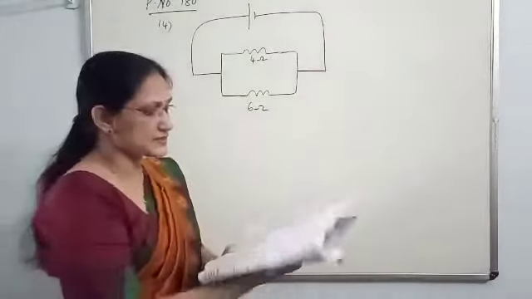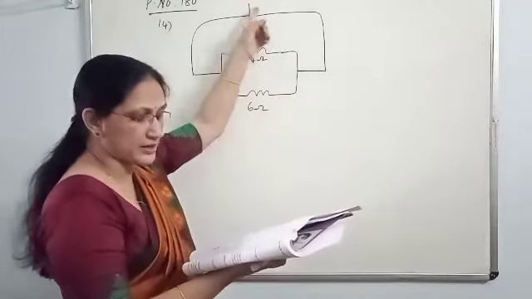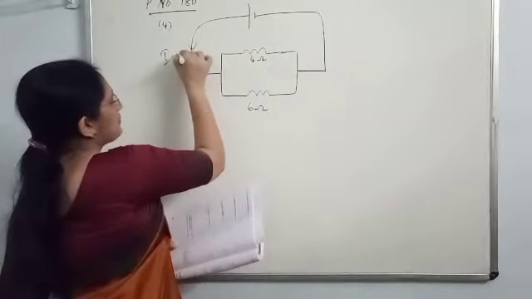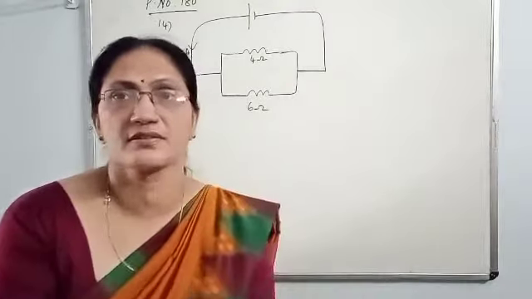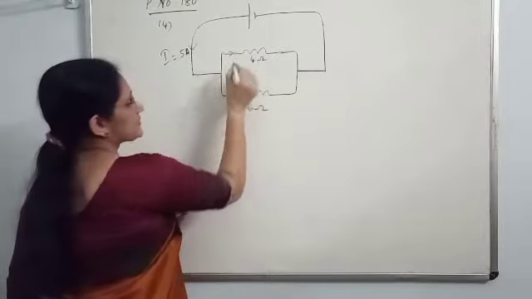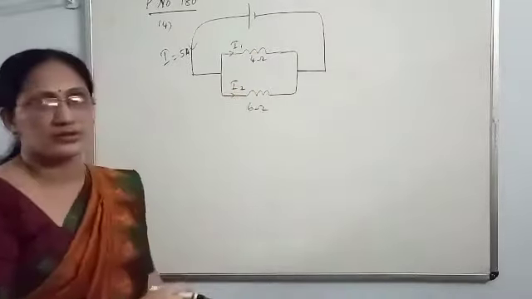This is the cell. So this is the circuit diagram. Two resistors 4 ohm and 6 ohm connected in parallel to a cell to draw a current of 0.5 ampere. I value is given, 0.5 ampere. Calculate the current in each resistor. Branch currents I1 and I2 you have to find out.